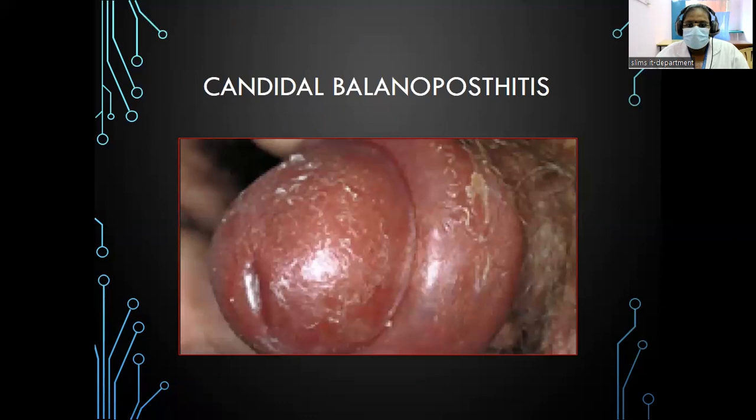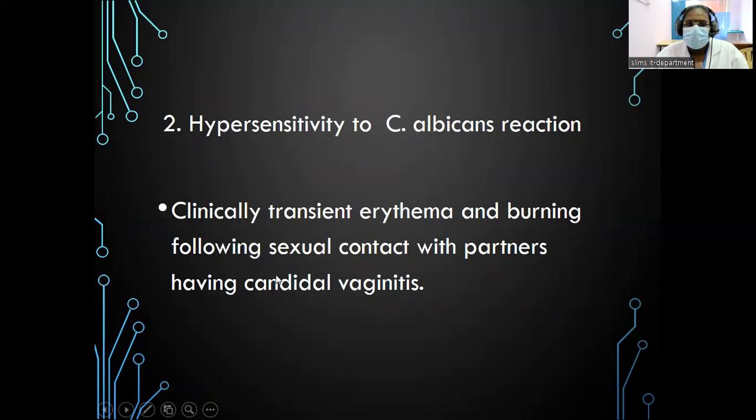This is the typical clinical photograph of candidial balanoposthitis. Another clinical type of candidial balanoposthitis is due to hypersensitivity reaction to Candida albicans species. Clinically, transient erythema and burning following contact with the partner who has candidial vaginitis.